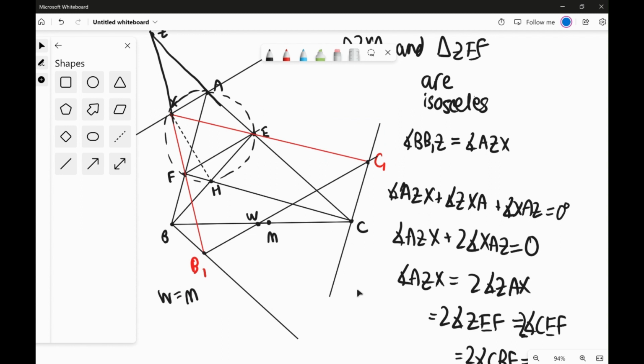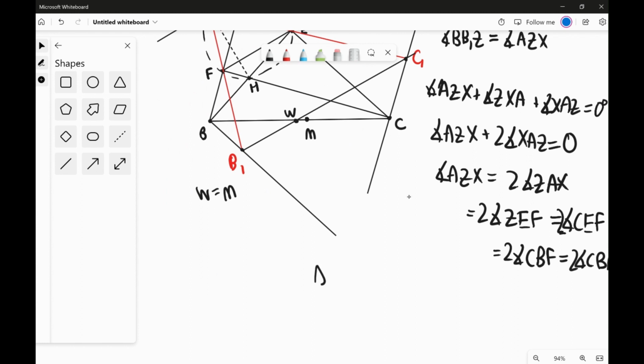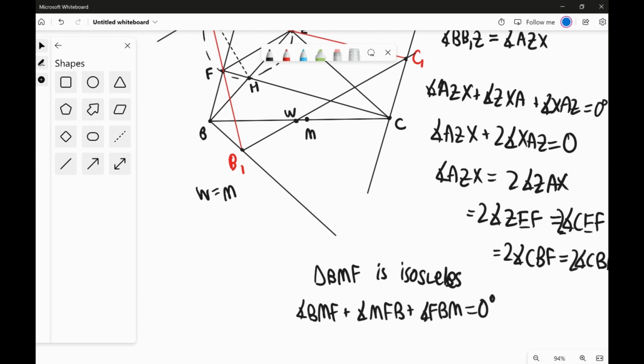We can say something about the point M because it relates a lot to cyclic quadrilateral BFEC. It is specifically the circumcenter, which means that triangle BMF is isosceles. As a result, we know that directed angle BMF plus directed angle MFB plus directed angle FBM is equal to 0 degrees. But directed angle MFB is equal to directed angle FBM.